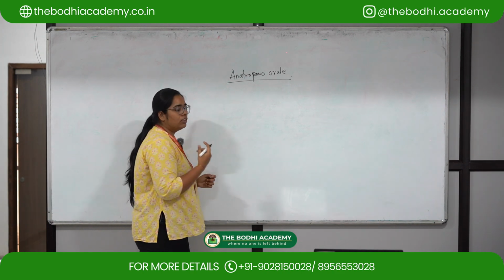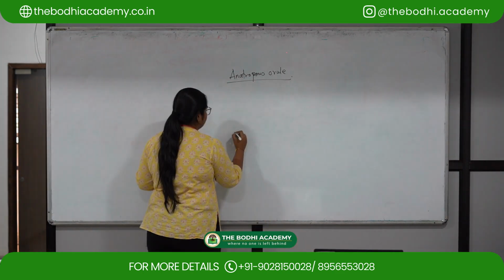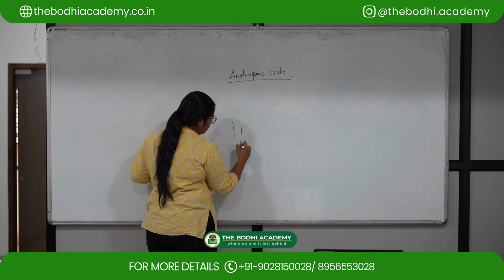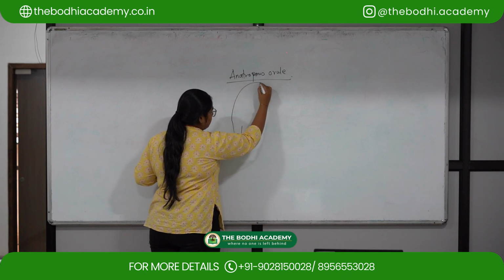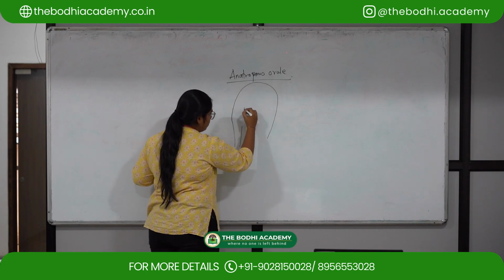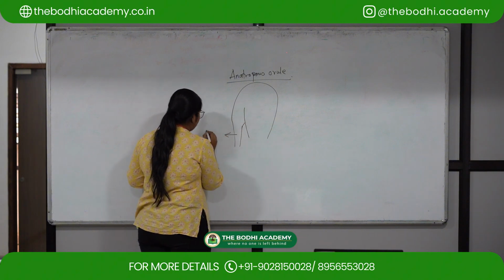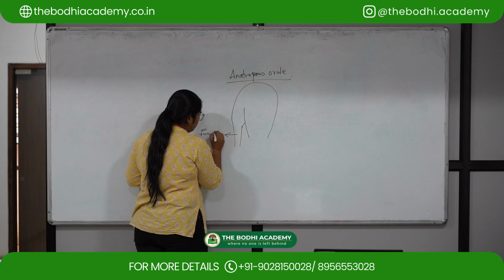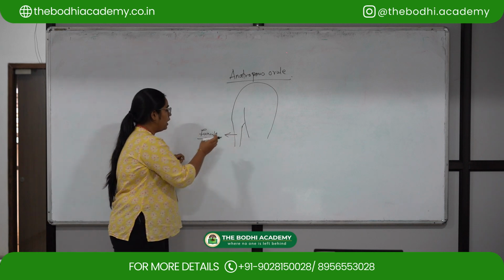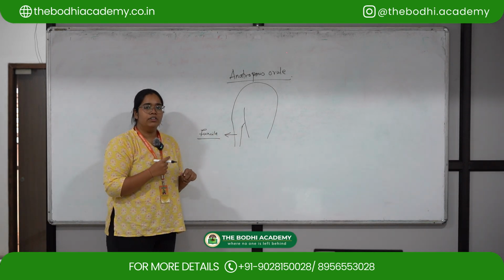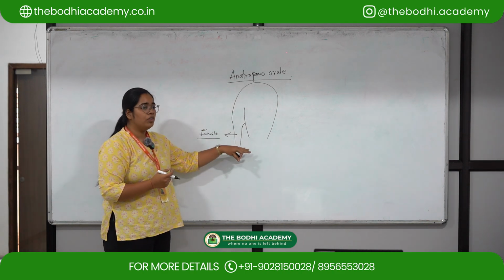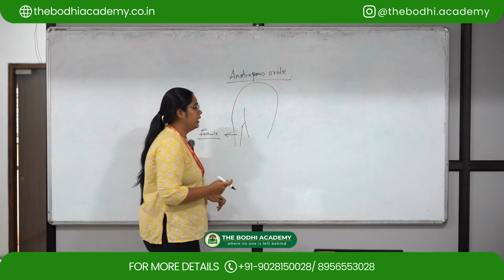So let us see how the structure of the ovule is. The stalk-like structure is called the funicle, which helps in attachment of the ovule to the placenta of the ovary.